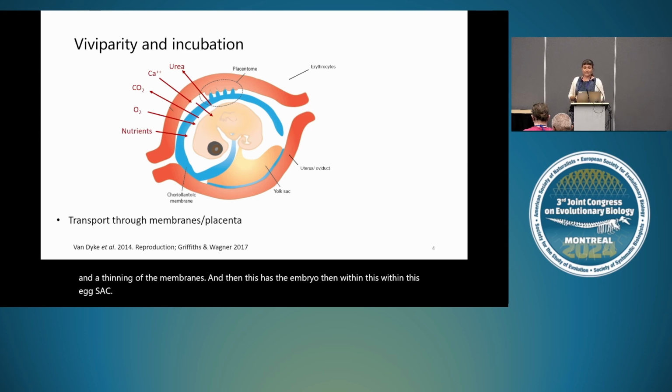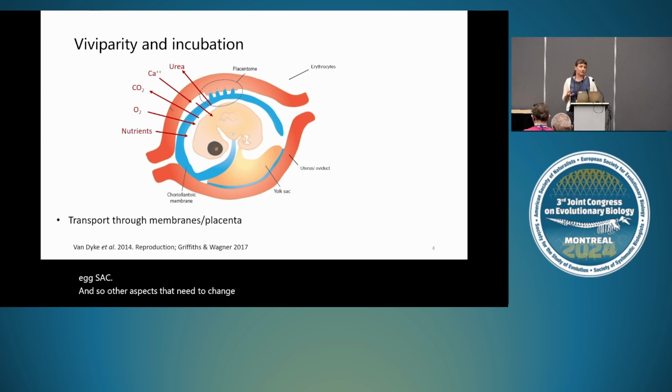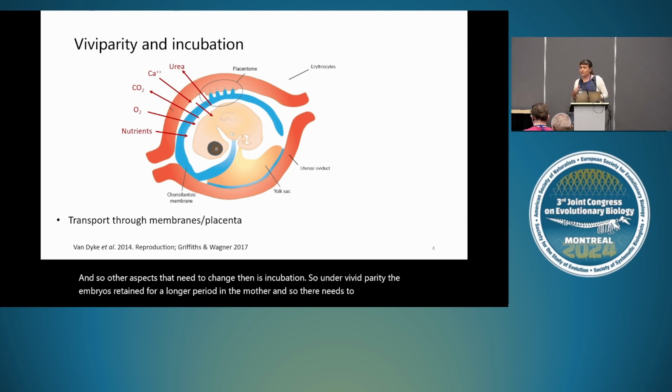Another aspect that needs to change is incubation. Under viviparity, the embryo is retained for a longer period in the mother. So there needs to be transport through these membranes, in the case of squamates through the oviduct, that didn't happen under oviparity and that enables the embryo to develop. Nutrients and oxygen go in, for example, and waste products and ions need to go out.